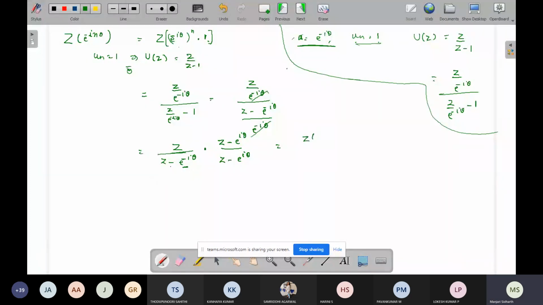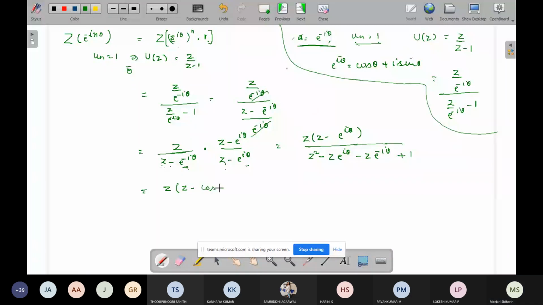Now z into z minus e power i theta. Then z square, z into z. Then z into this, i theta, then this, minus i theta, then this and this. So plus 1. Now e power i theta, you know this. Euler's formula: cos theta plus i sin theta.